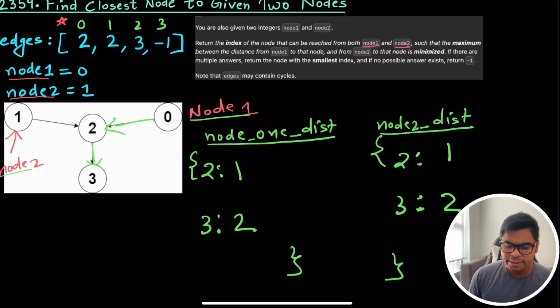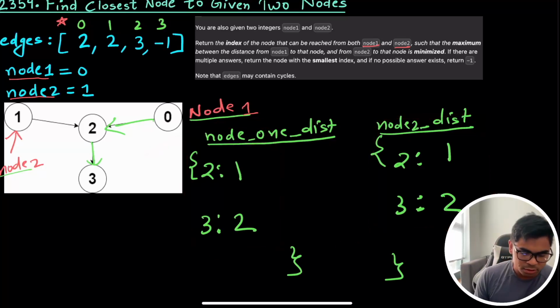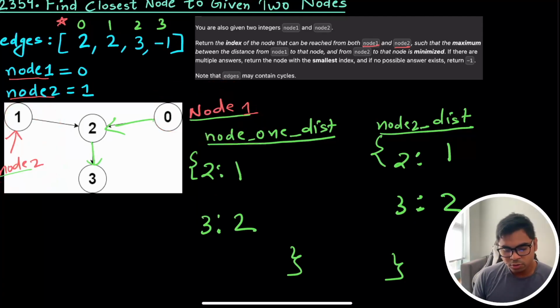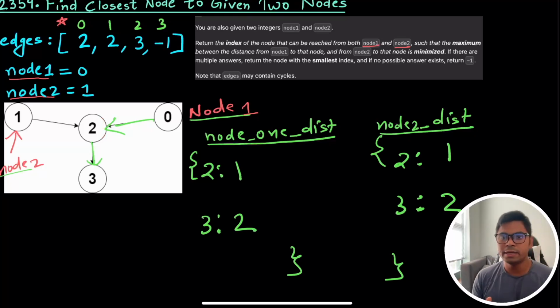First thing is creating these two maps, then populating them. We can populate both of these by running BFS on node 1 and node 2. During the BFS, we can take care of all the nodes that are reachable, keep adding them to the maps, and have the distance calculated level by level.